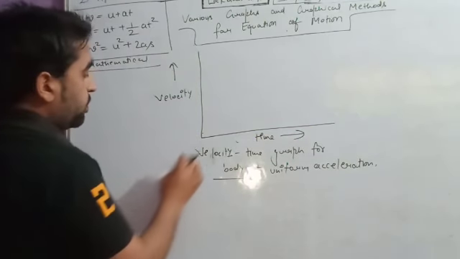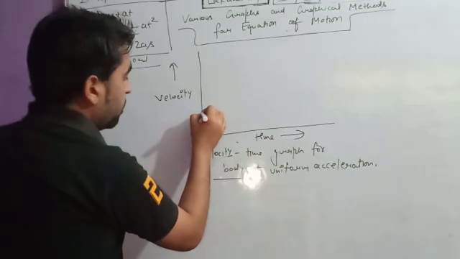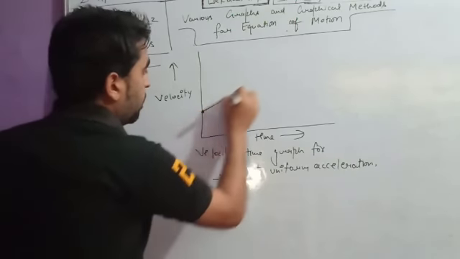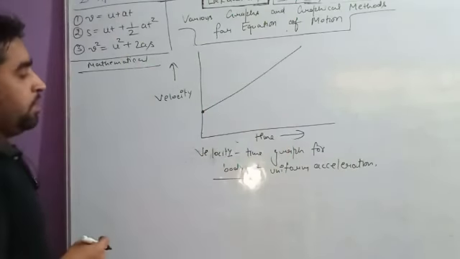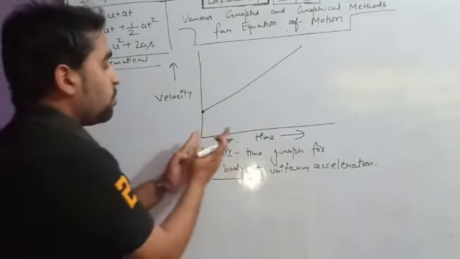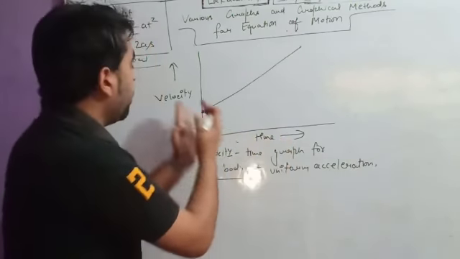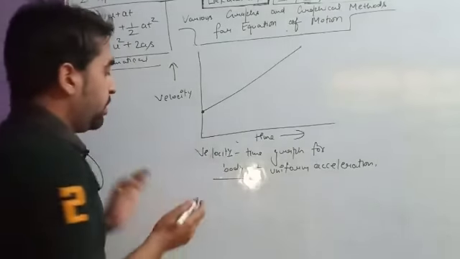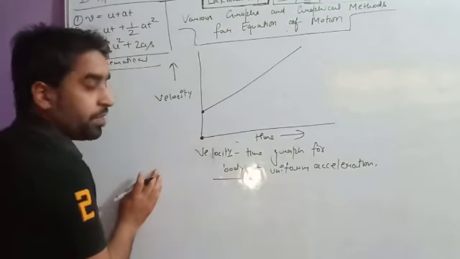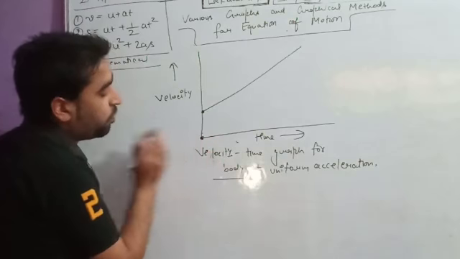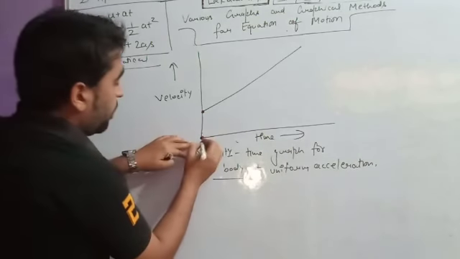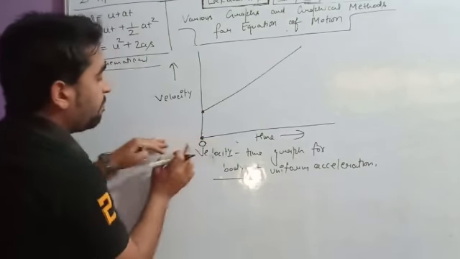Okay, suppose I have started from here, and this is how the graph will be. So it indicates that as soon as the time passes, the velocity of the body is increasing. You can say that this is the origin. At origin, the time is 0.